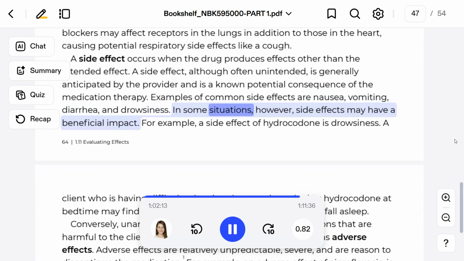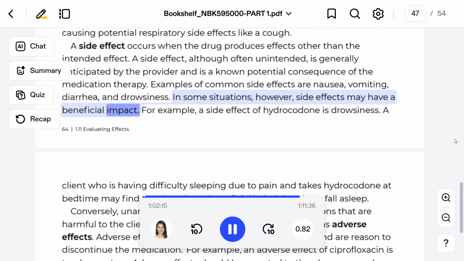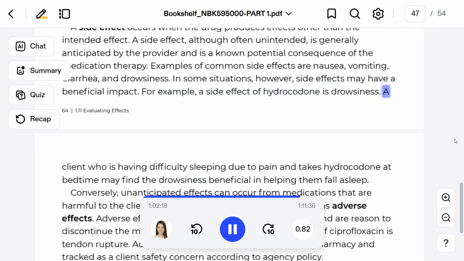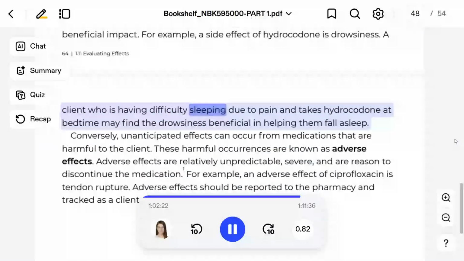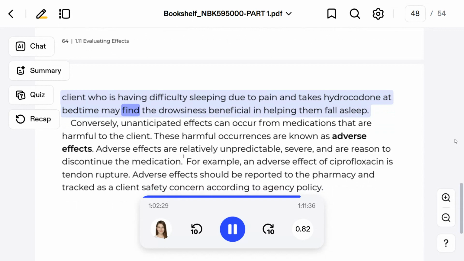In some situations, however, side effects may have a beneficial impact. For example, a side effect of hydrocodone is drowsiness. A client who is having difficulty sleeping due to pain and takes hydrocodone at bedtime may find the drowsiness beneficial in helping them fall asleep.